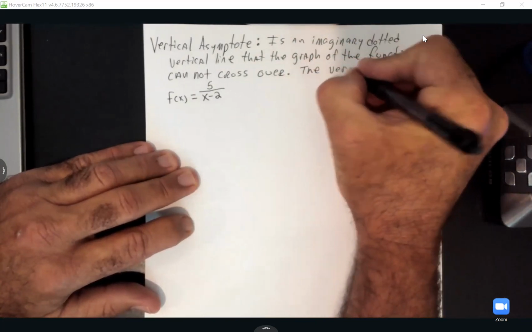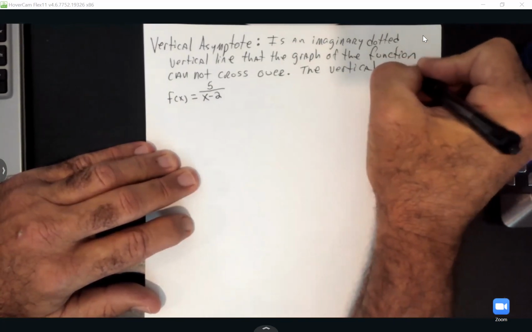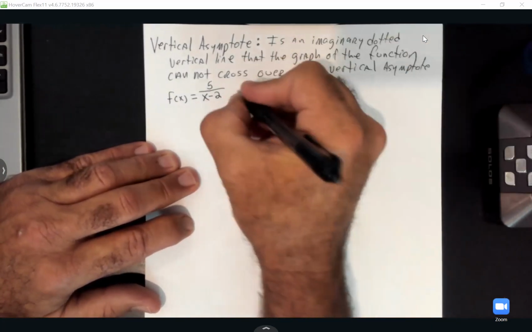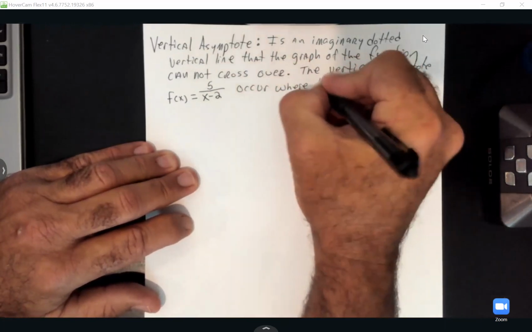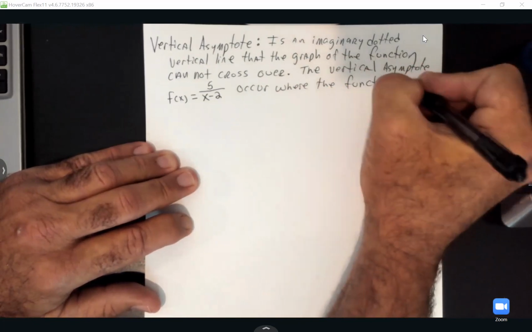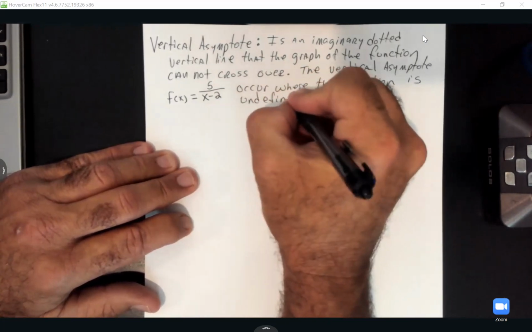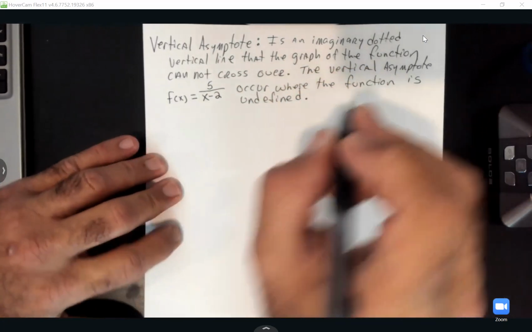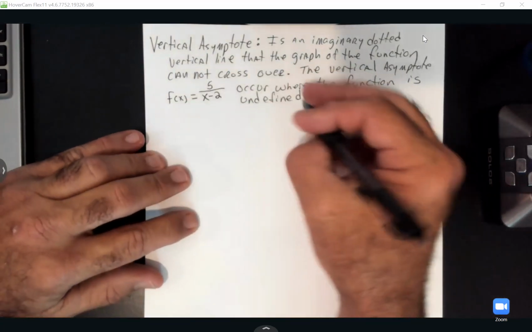The vertical asymptotes occur where the function is undefined. So I'm going to have this little graph here.